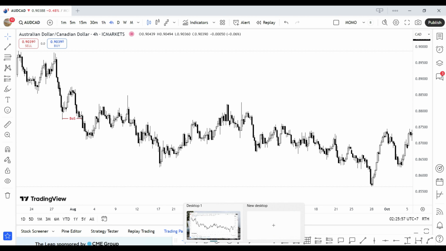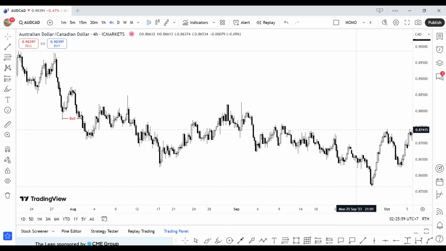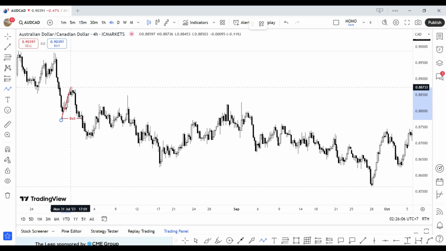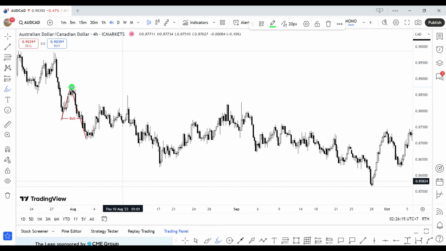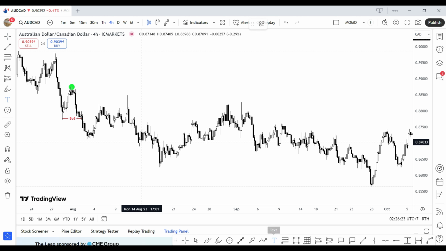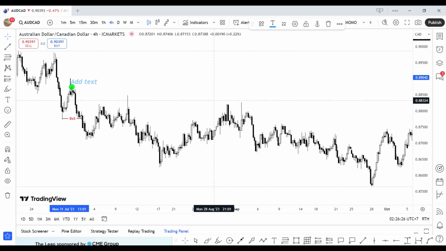The new lower high is the highest price during the market retracement. So from the lower low, the market retraces up until the break of structure. This highest price here, the top of this pyramid, is our new lower high. Okay, so we have a break of structure and now a new lower high.